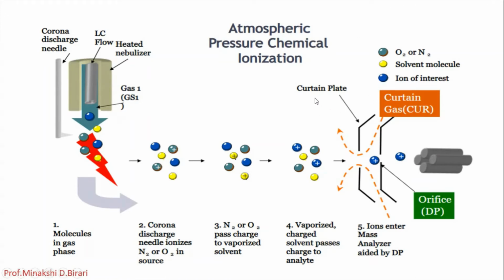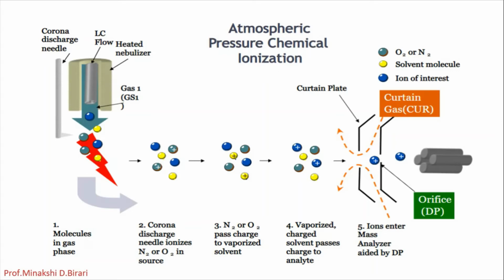Here, the acid-base reaction takes place between the sample and reagent gas, which results in protonation and forms the positive ions, called quasi-molecular ions, MH+ ions, or deprotonation, which leads to the formation of MH- ions.